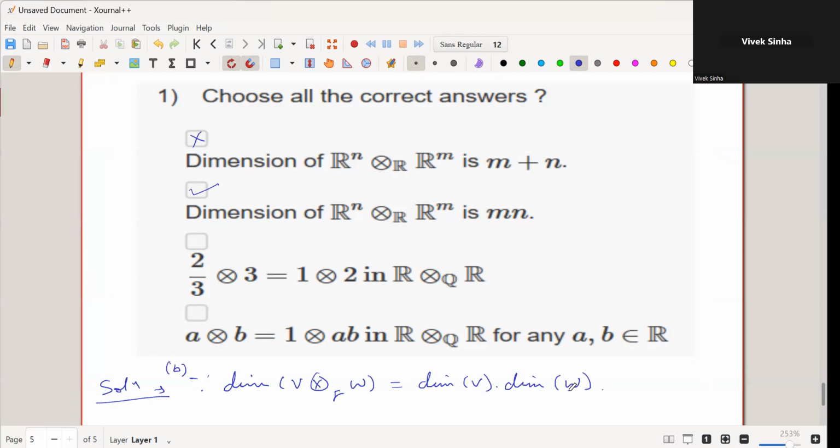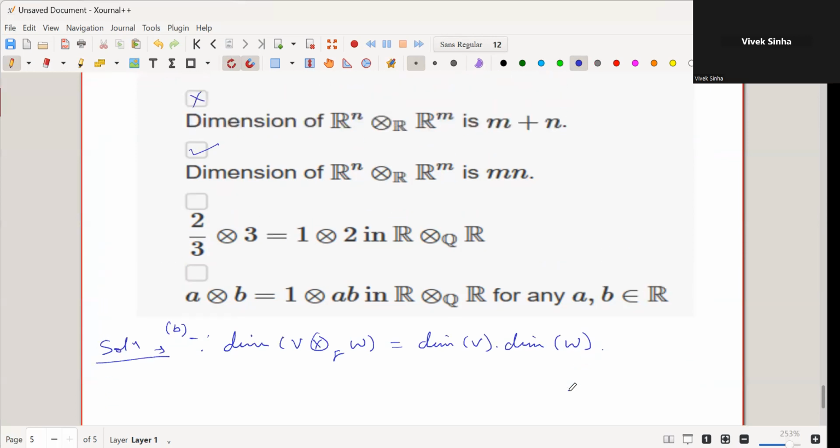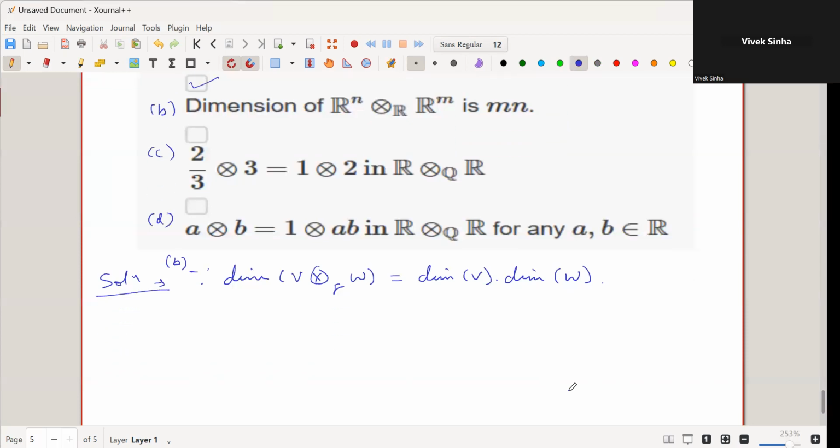Now what about C? 2/3 tensor 3. So this is inside Q, right? And the tensor product is over Q, right?